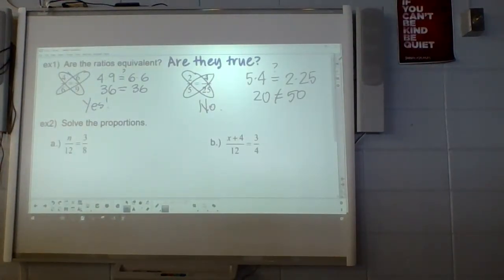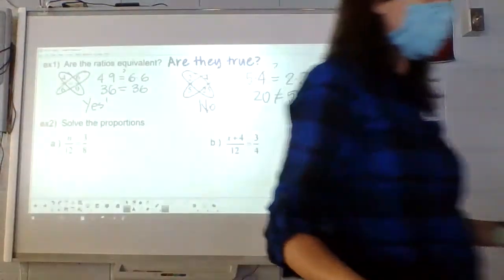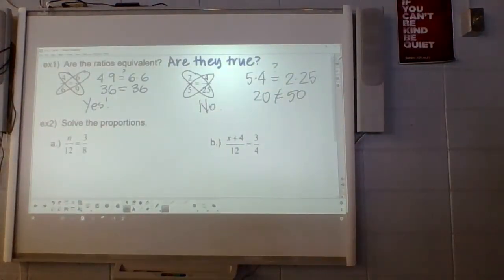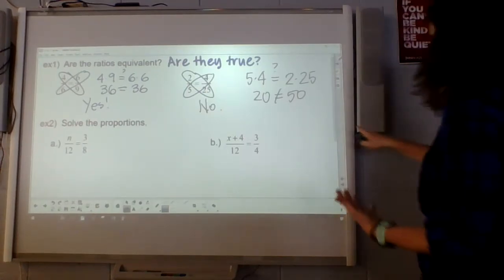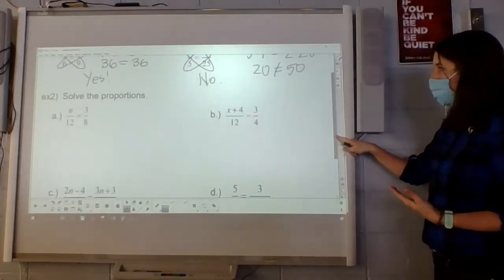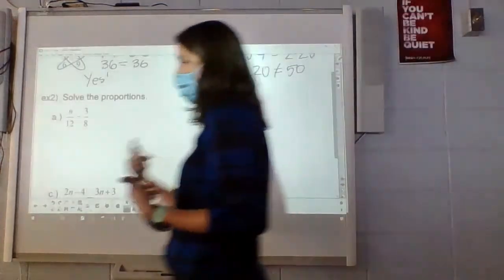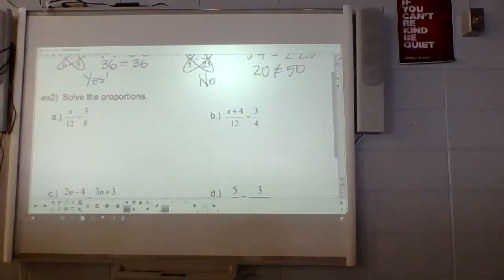Now, if they're asking you to solve, in the next few problems, we can assume they are equal. They're not trying to pull our leg on this. So they should be equal. So in order to solve something like this, we're going to cross multiply. Now, I remember when I first learned proportions, someone told me, oh, you always just cross multiply and divide.